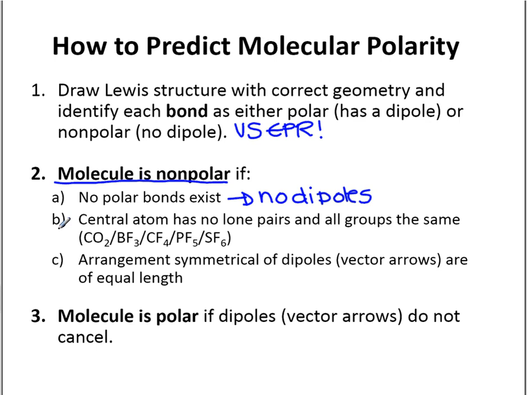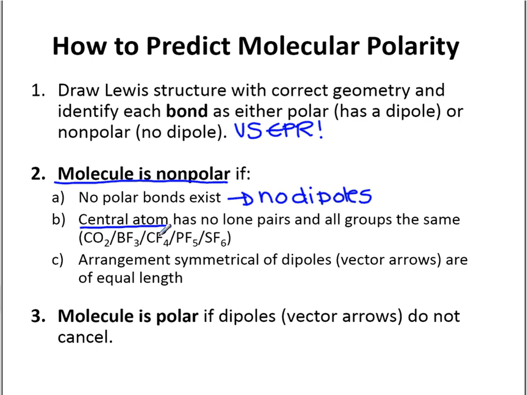Next, if you don't have that case, let's say you do have some dipoles in your molecule. If you look at your molecule and you look at that central atom, so remember in VSEPR we have a central atom and then atoms are bonded around it.